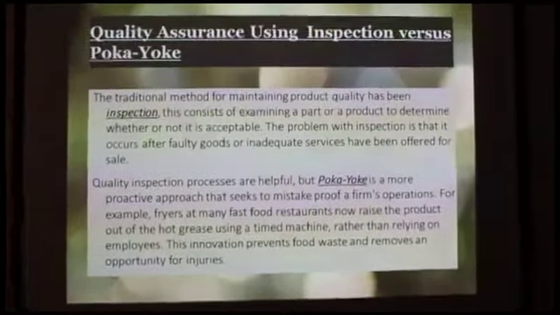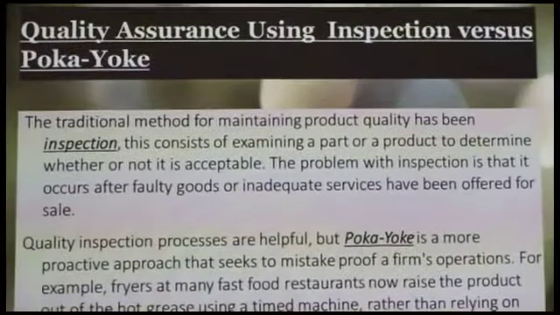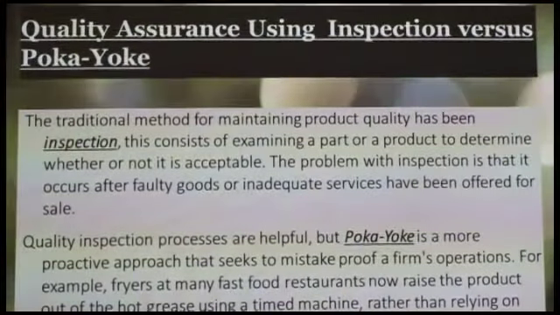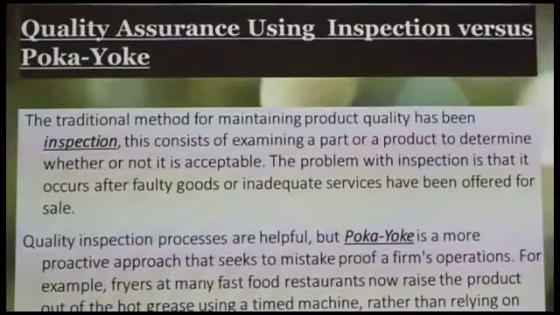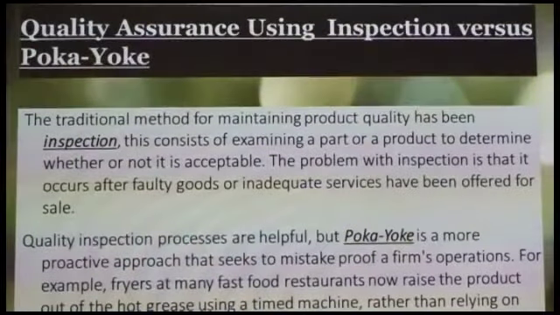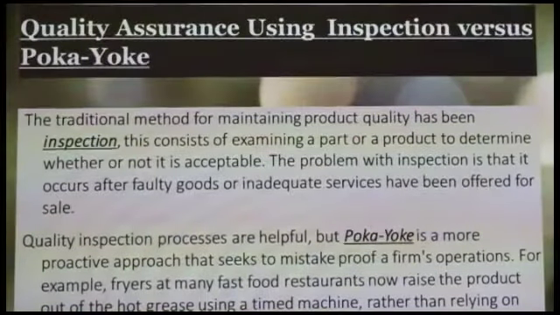Quality assurance using inspection versus poka-yoke. The traditional method for maintaining product quality has been inspection. This consists of examining a part or a product to determine whether or not it is acceptable. The problem with inspection is that it occurs after faulty goods or inadequate services have been offered for sale.